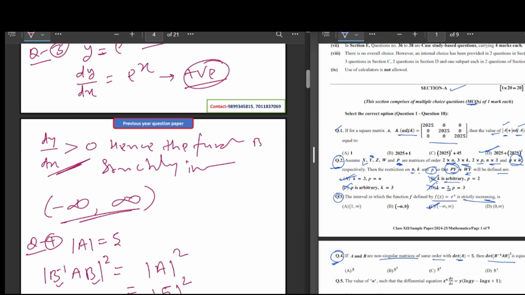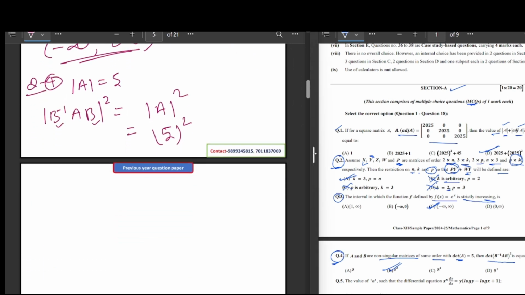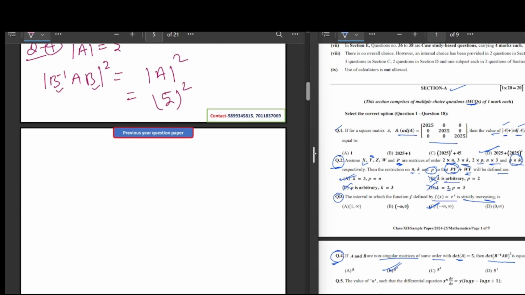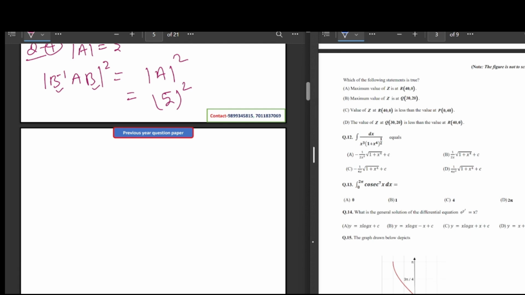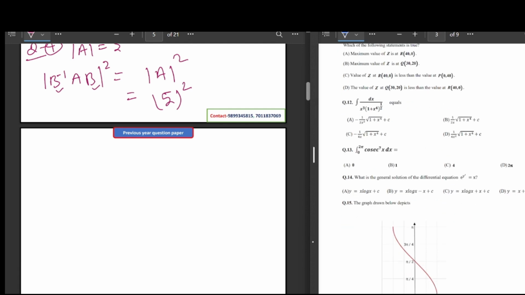So your answer will be the B part. It's easy, so you can easily solve this. And now after that, we should talk about question number 5.